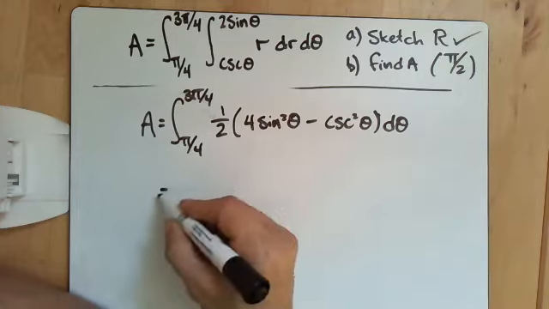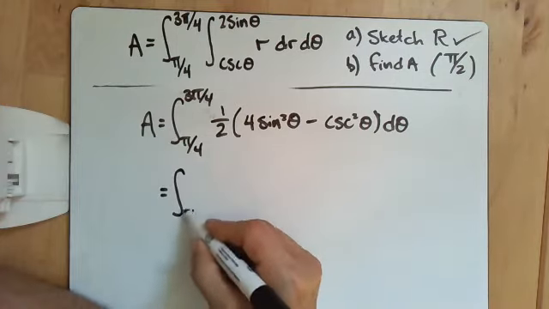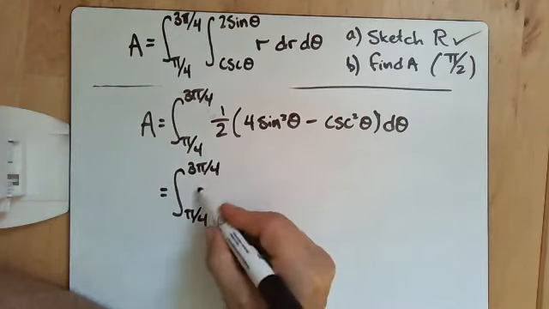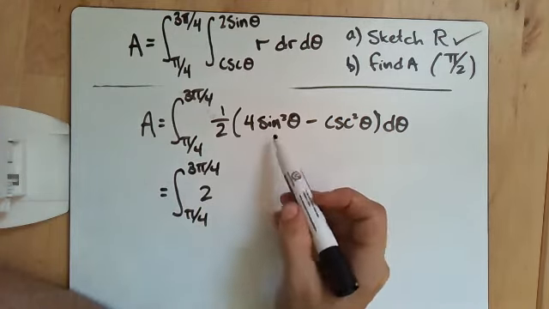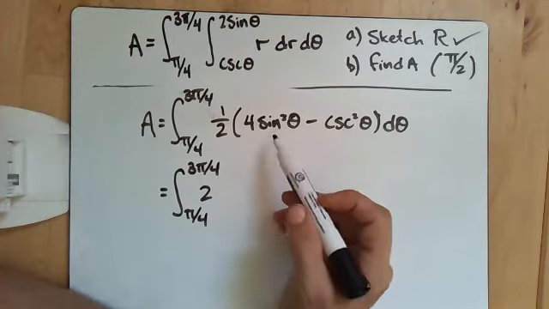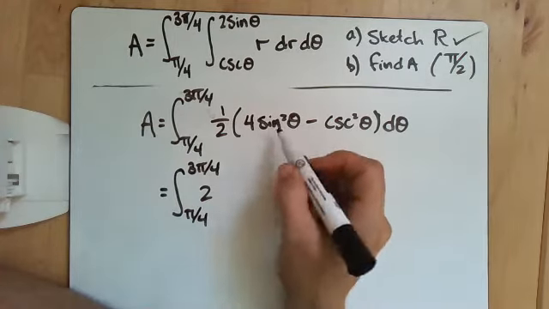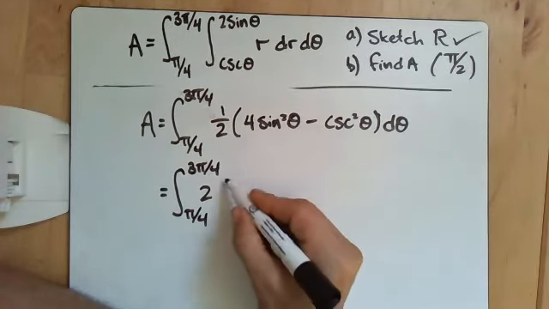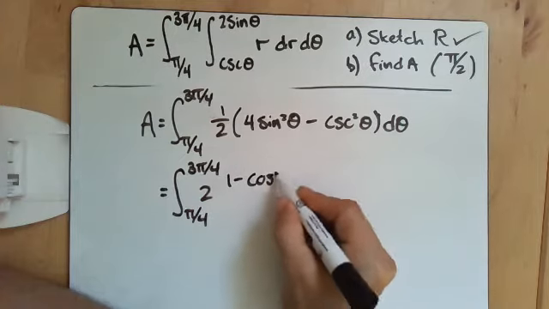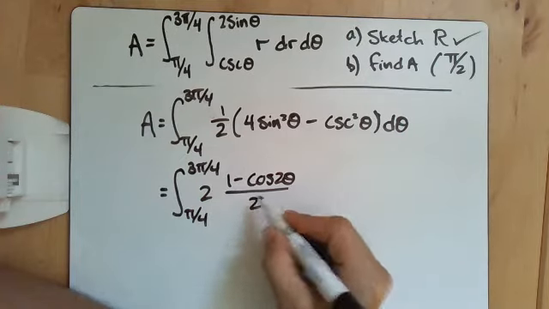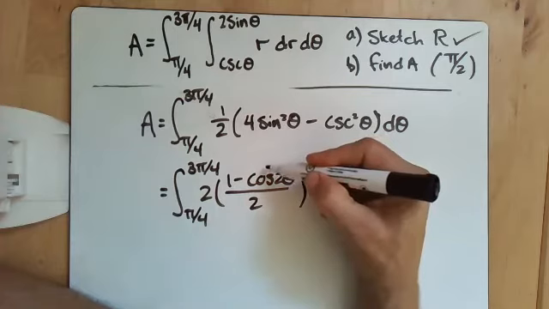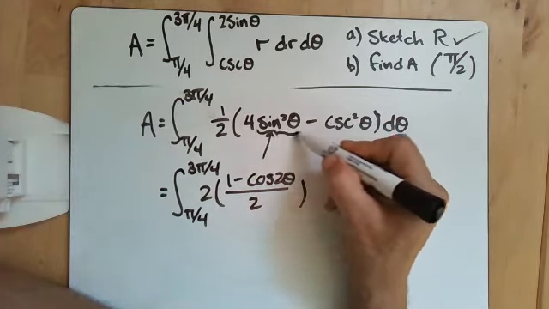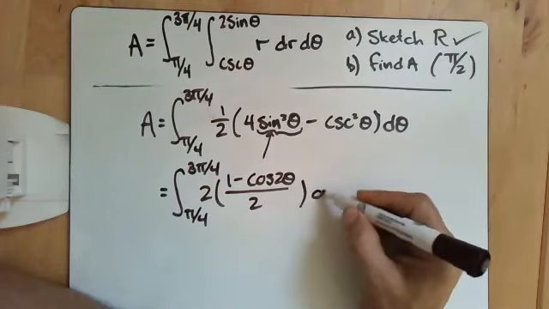All right, so that means it's equal to the integral from pi over 4 to 3 pi over 4 of 2. Now I'm going to use a trig identity that says sine squared of theta is (1 minus cosine 2 theta) over 2. Okay, so this is a trig identity for sine squared theta, d theta.